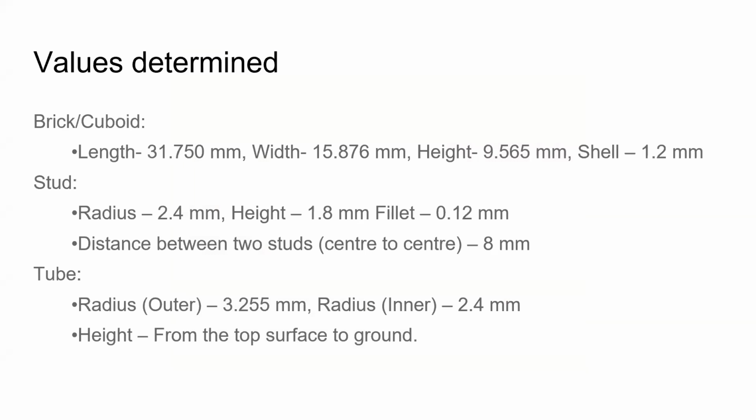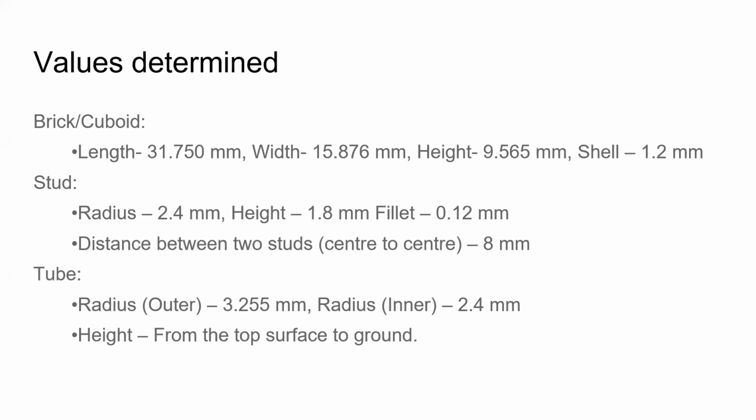Stud radius was 2.4 mm. Distance between the two studs was about 8 mm. The tube construction was taken on a basic approximation because we only had the outer value, and the inner value was the deciding factor for the thickness of the tube.